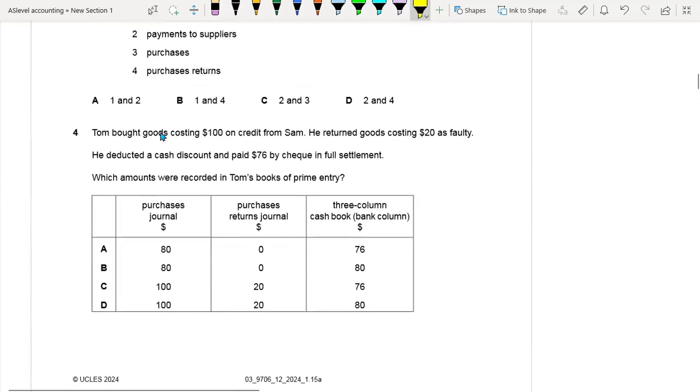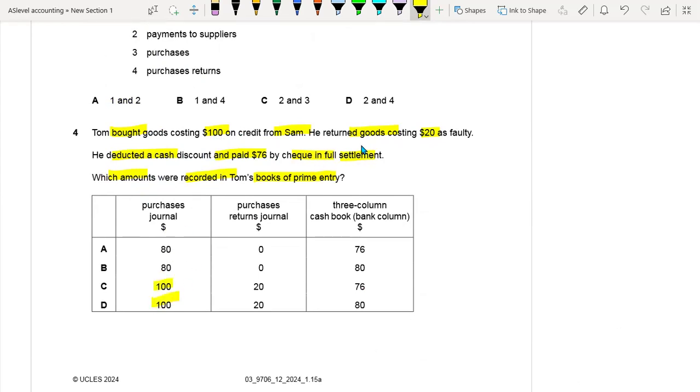Okay. So Tom bought goods costing 100 on credit from Sam. He returned goods costing 20 as faulty. He deducted a cash discount of 4 and paid $76 by cheque in full settlement. Which amounts were recorded in Tom's books of prime entry? So this is very easy. He purchased the goods for 100, so he would be recording $100 in the purchases journal.